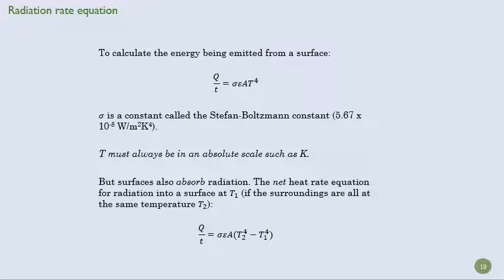So pay attention to these signs, but then always check your signs when you're done with your question. Make sure that your answer tells you that the heat is moving from the hotter surface to the colder surface. And those are the three kinds of heat transfer: convection, conduction, and radiation.